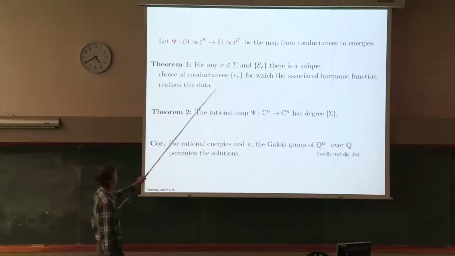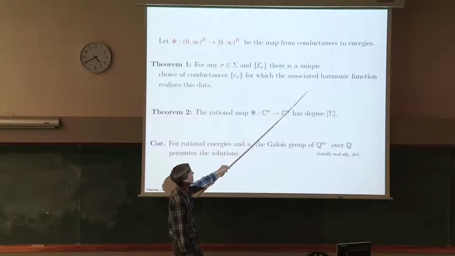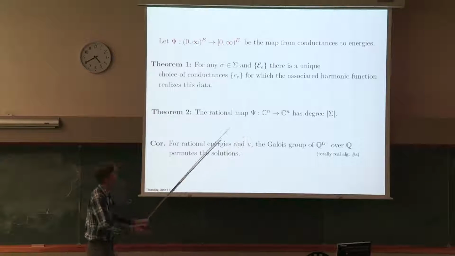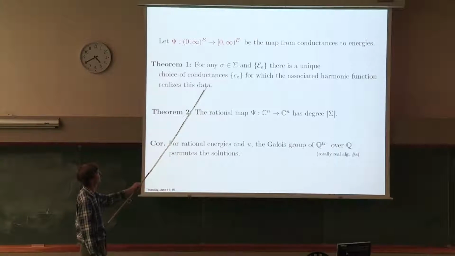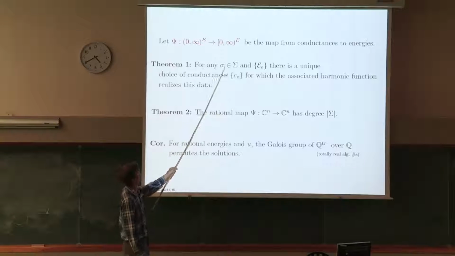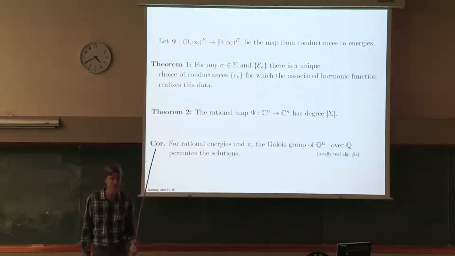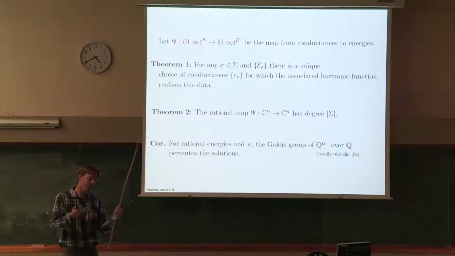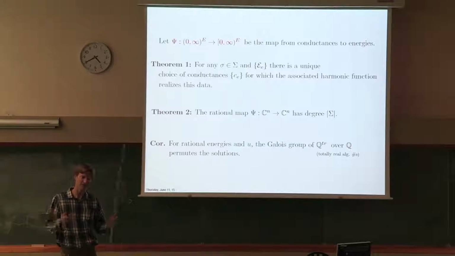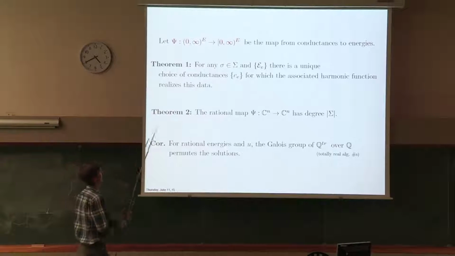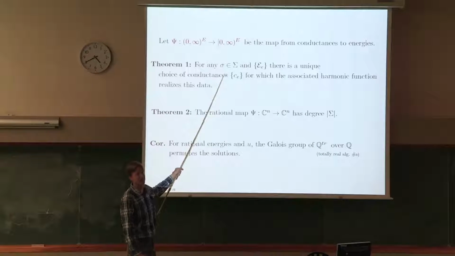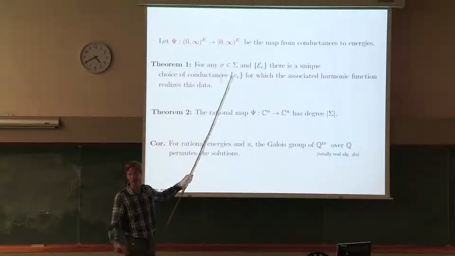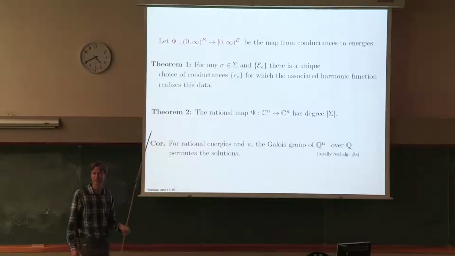That is, there's a unique choice of conductances for which the associated harmonic function, that is the current flow, will realize that data, the data of both the energies and the orientation. So for example, if I want all the energies to be constant, equal to 1, then the number of solutions is going to be exactly the number of acyclic orientations in sigma.